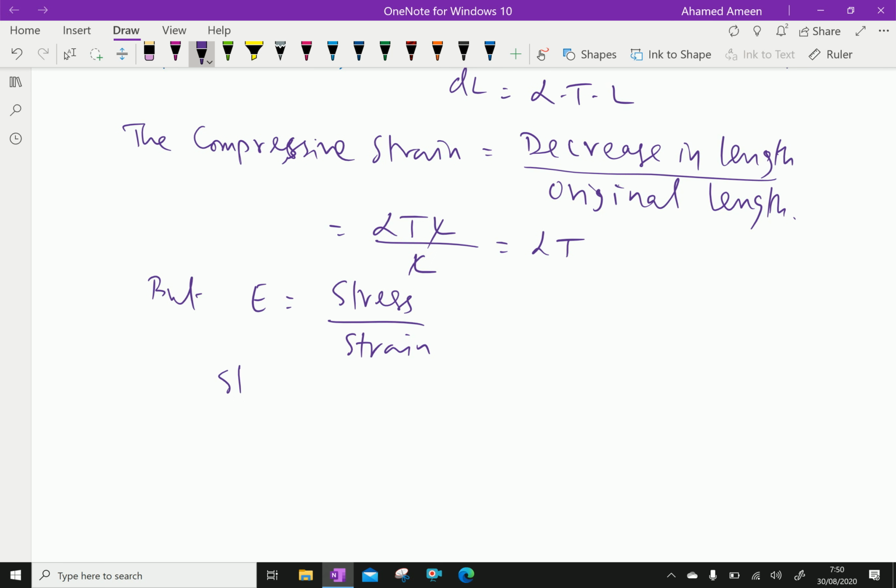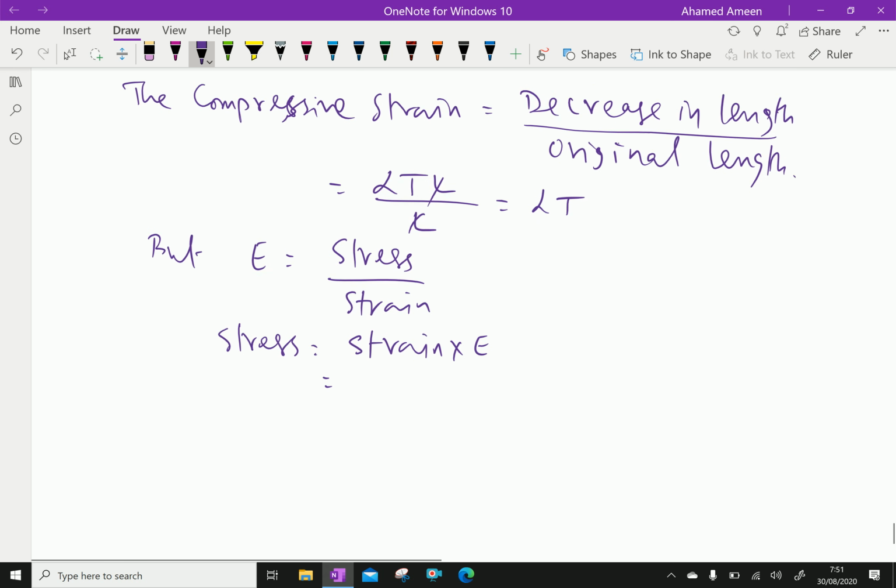Therefore, stress equals strain into E. Therefore stress equals alpha TE.